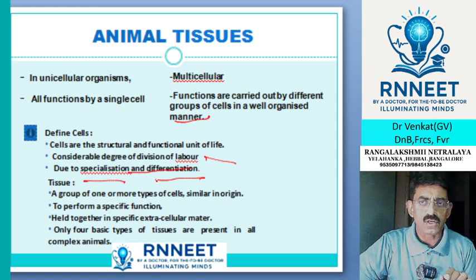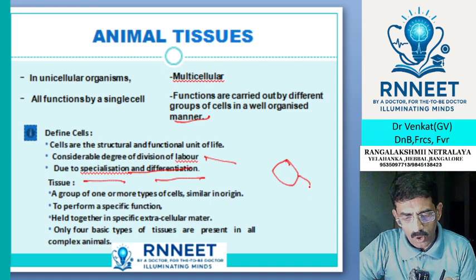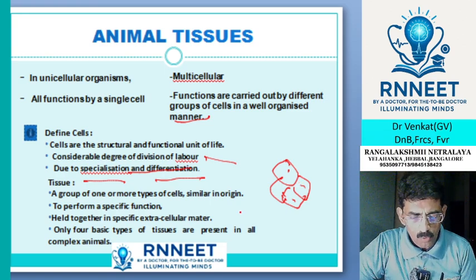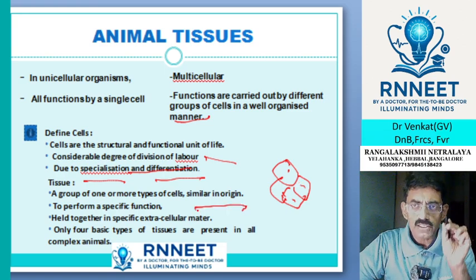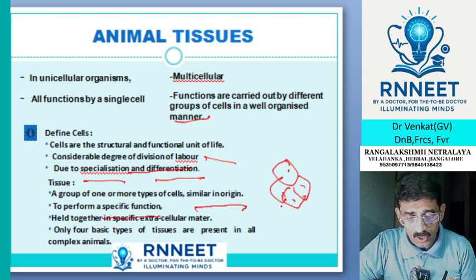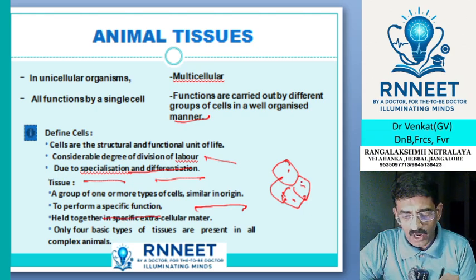Now what happens is when groups of cells come together, you have a single cell, now you have a group of cells, another group of cells, another group of cells, all of them looking very similar, probably having the same origin, specific function, and held together. They're not just loose, they're not kept separately. You look at them, they are actually held together.